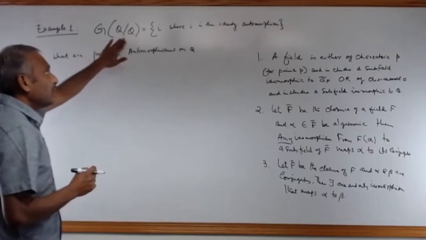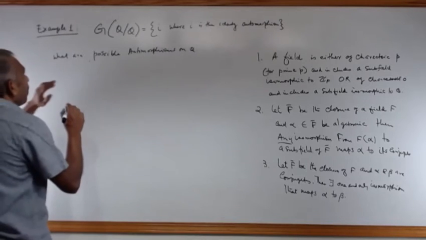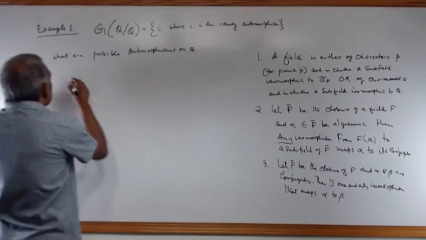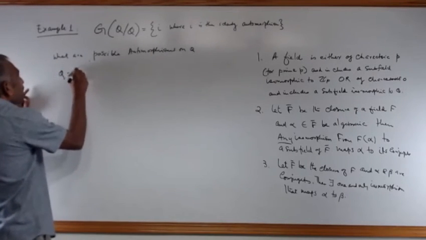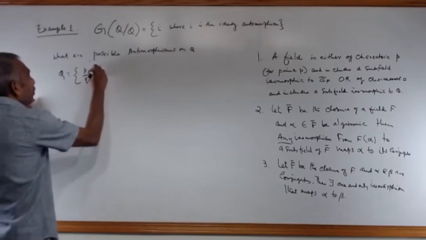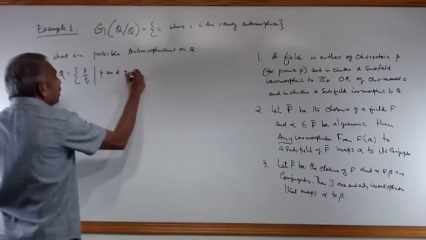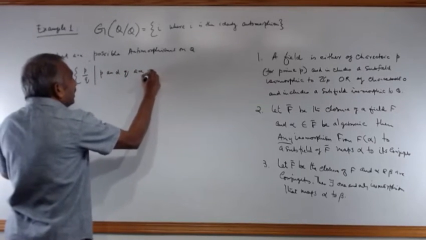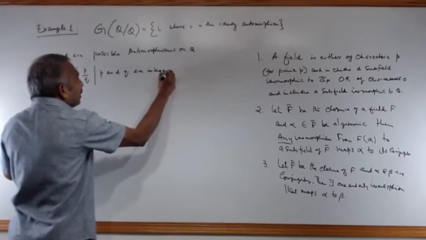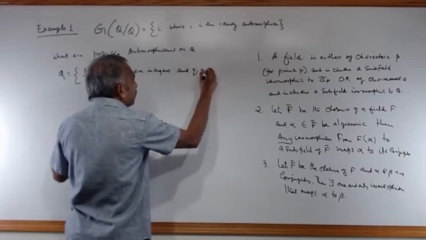Is there any other automorphism? Let's see. What is Q? Q is equal to p by q, where p and q are integers and q is not equal to 0.